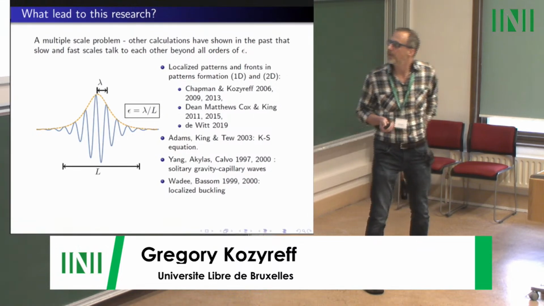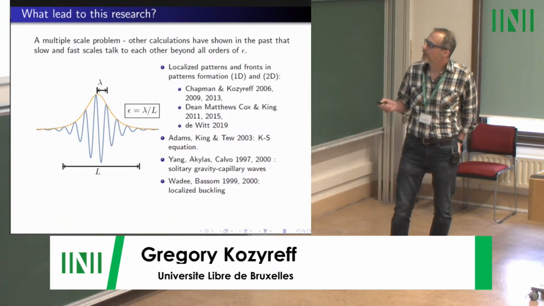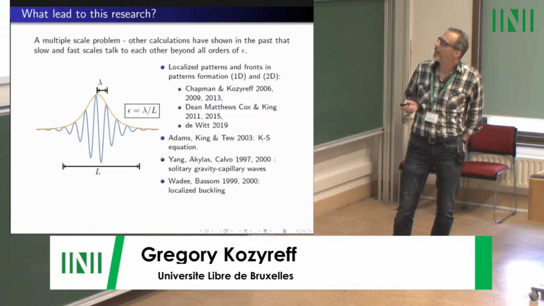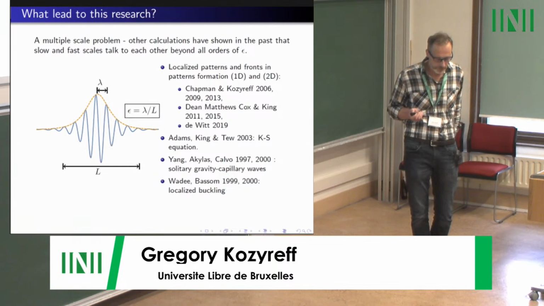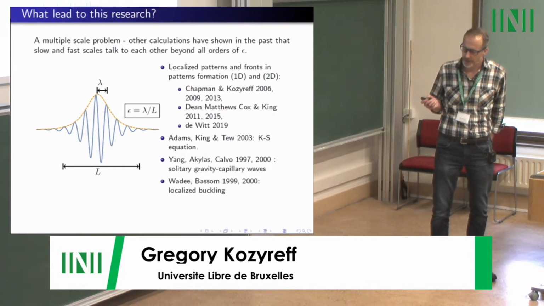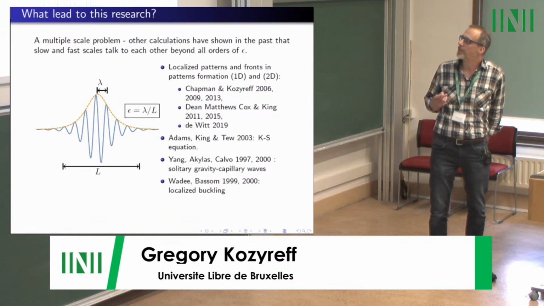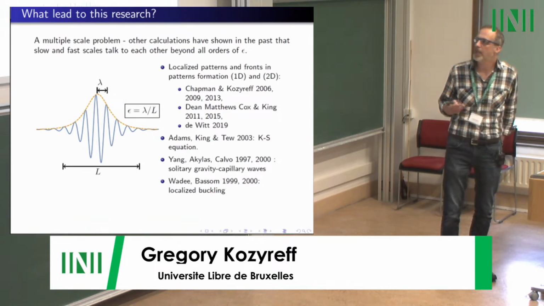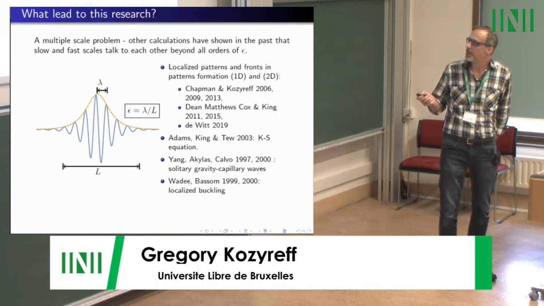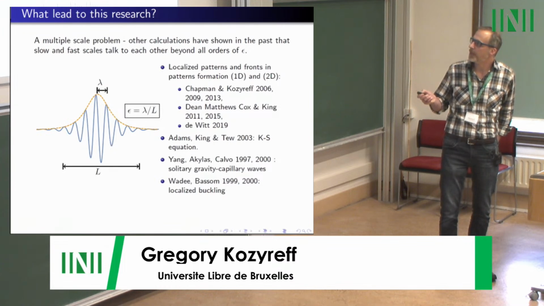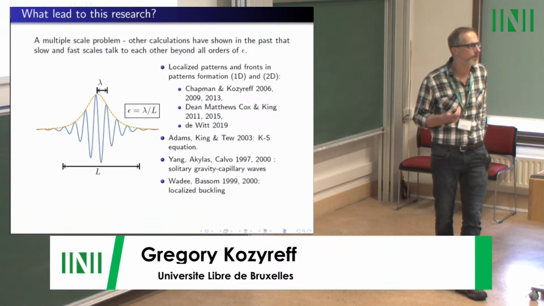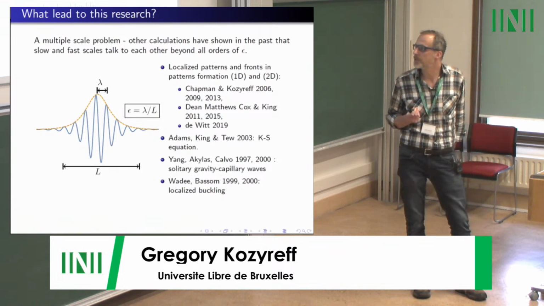Okay? I think this is an important literature on the subject. I'd like to point out that we used a technique based on optimal truncation, and the first work I know of which used this technique on a multiple scale problem is that by Adams, King and Tew on shockwave solutions of the Kuramoto-Sivashinsky equation.